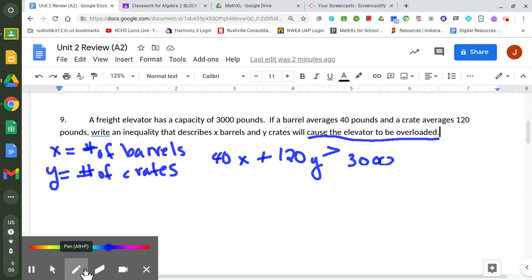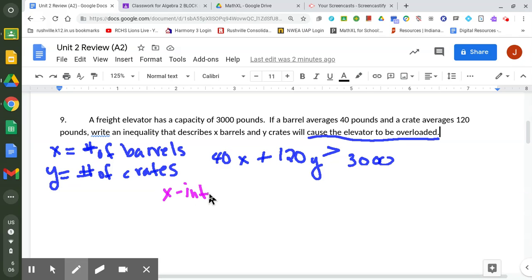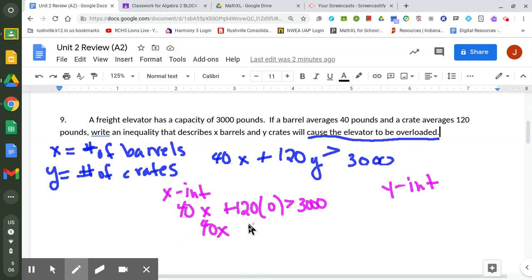So we are going to use the method of finding the x-intercept and the y-intercept. So to find the x-intercept, I'm going to put a 0 in for the y. So that means that 40x, and I can make this an equal sign while I'm solving it.